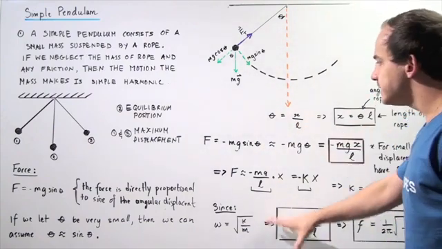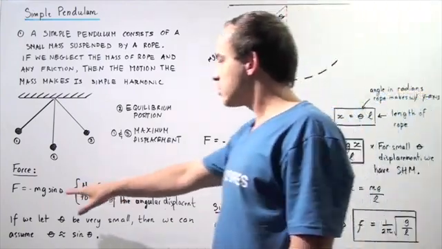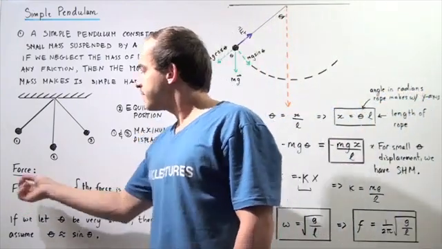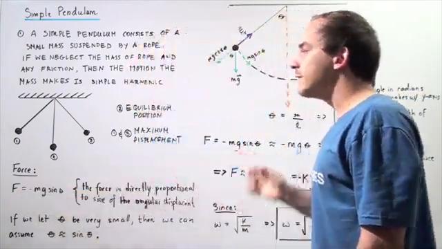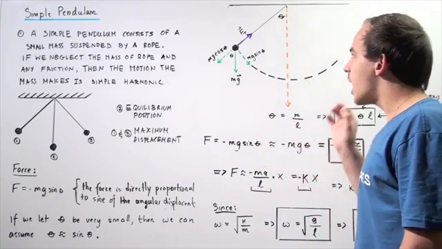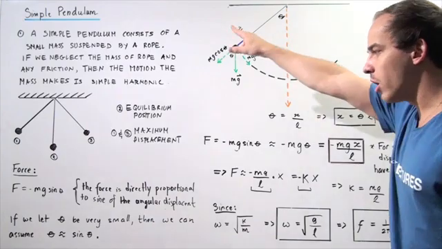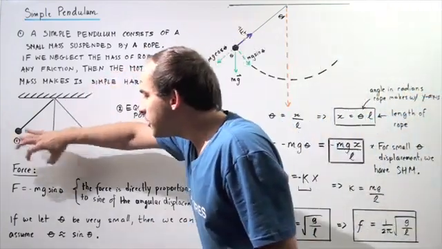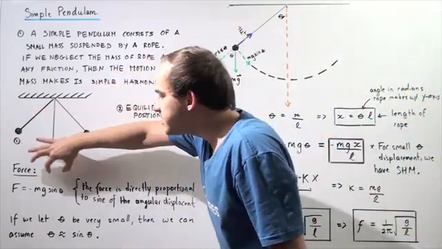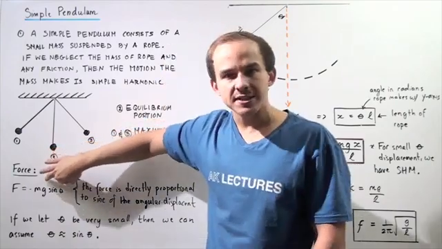So, before we continue with this step, let's go back to this formula. This formula tells us that the force acting on our object, that's propelling the object to swing back and forth, is directly proportional to the sine of the angular displacement.